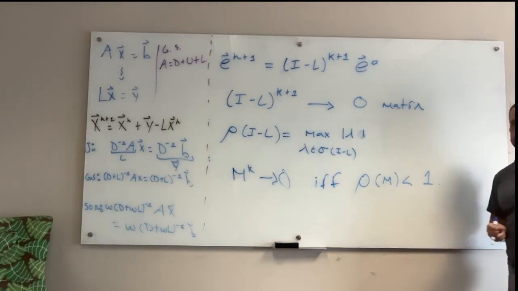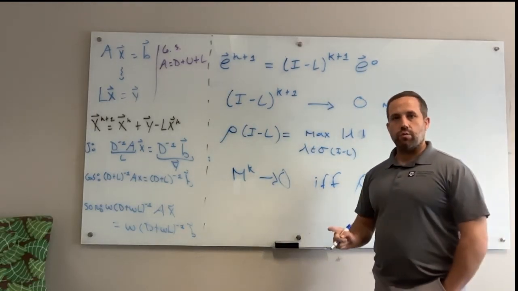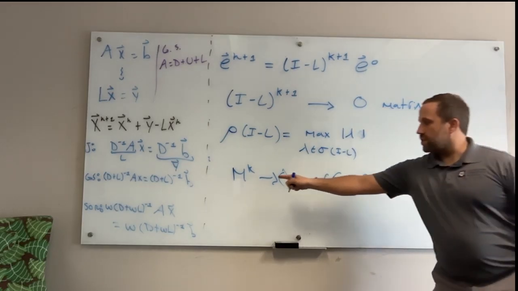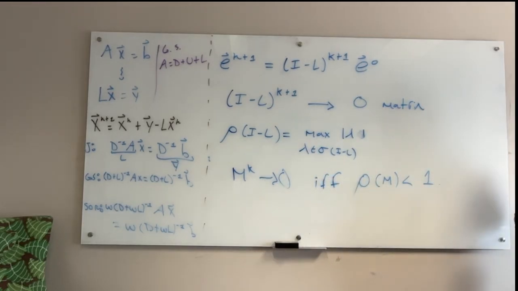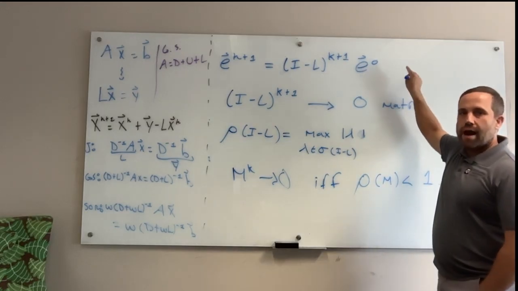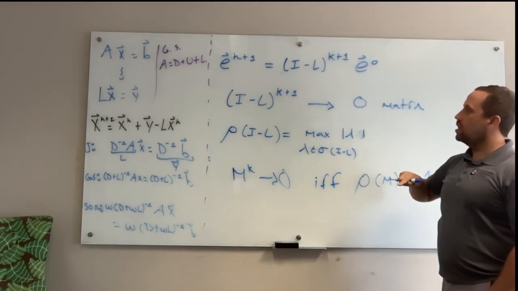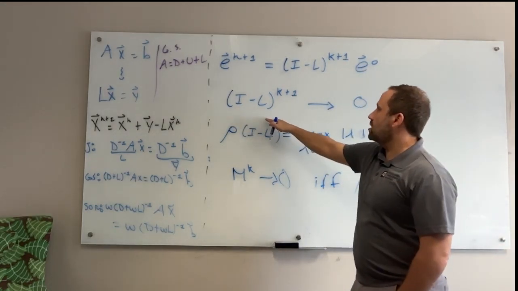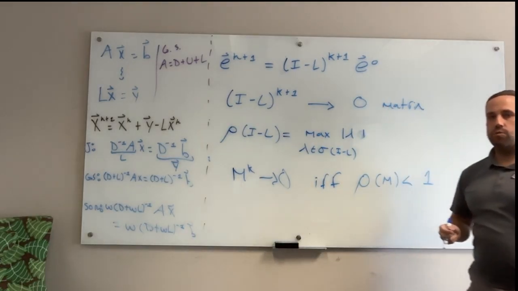It's not going to work if the spectral radius of the matrix is equal to 1. So in order to make sure this goes to 0, no matter what the starting value is, we need to make sure that the spectral radius of I minus L is less than 1.